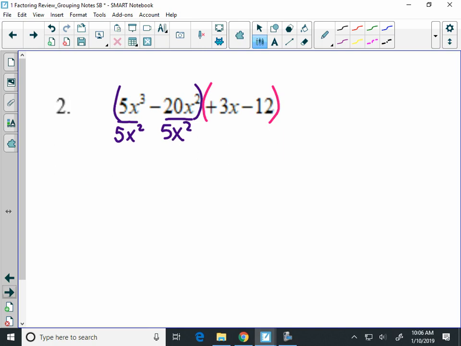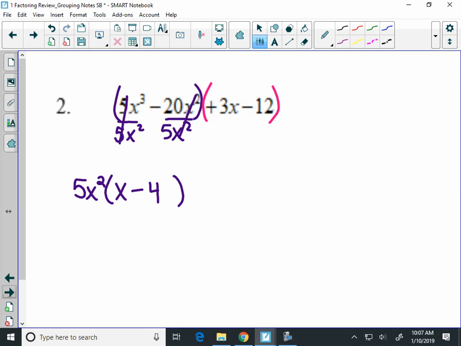Once I find that GCF, I put that GCF in front of my set of parentheses. The 5 divided by 5 cancels each other off. X cubed divided by x squared is just x. All right, now negative 20 divided by 5 is negative 4, and the x squares cancel off there.